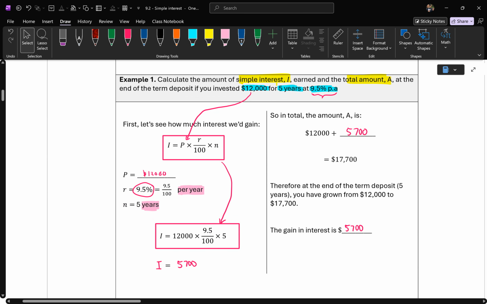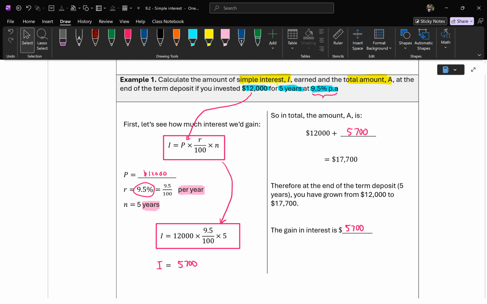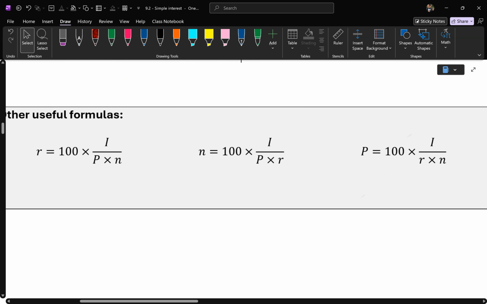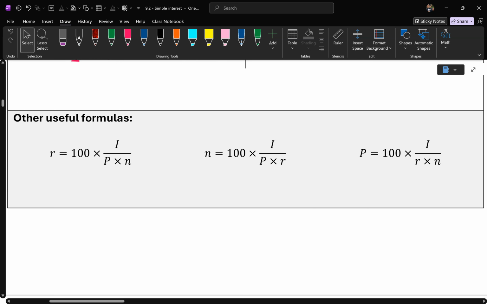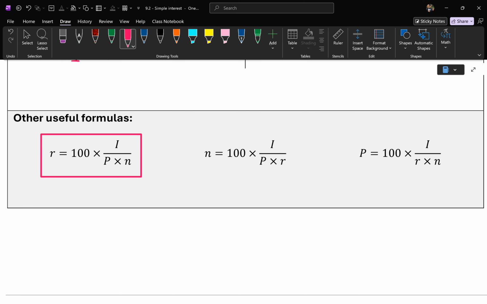Did you have to copy all of that? No. I just wanted you to have the formula, how to do the question, and know the difference between principal and interest. Another thing to copy down as part of your notes, you can derive this yourself. If your algebra is strong, you would have been able to figure out the rate formula.